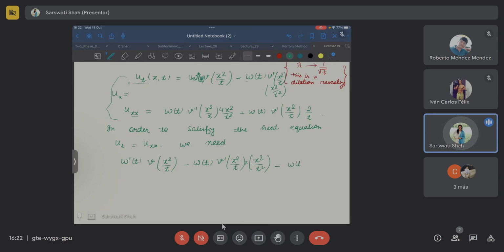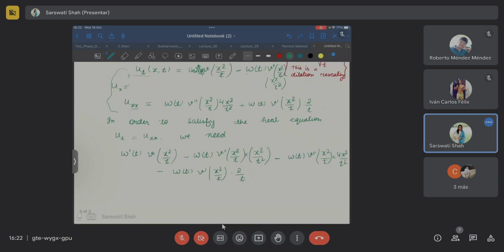So minus w(t) v''(x²/t) multiplied with 4x² over t², minus w(t) v'(x²/t) into 2. Please cross-verify my calculation because I am very bad at calculation.